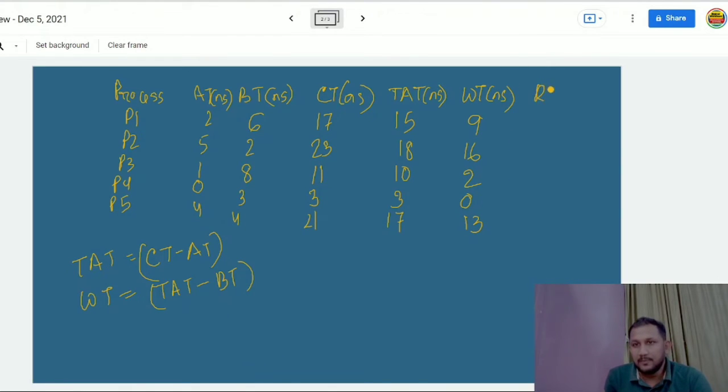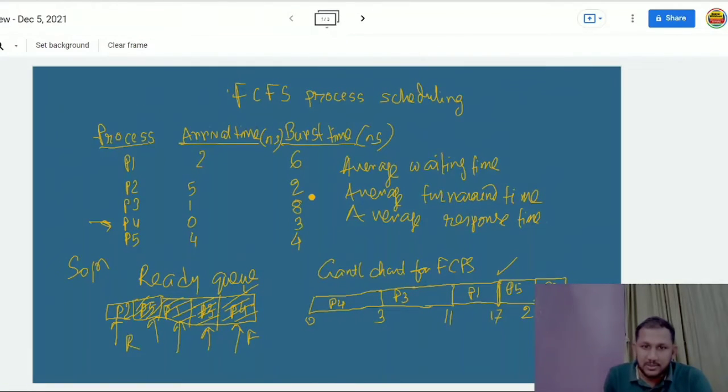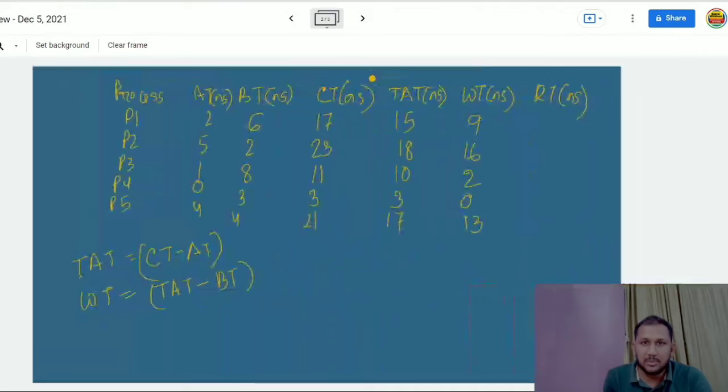And the response time, the first response of the process. Considering the Gantt chart, the first response for P1 is 11. The formula for response time is first response minus arrival time.